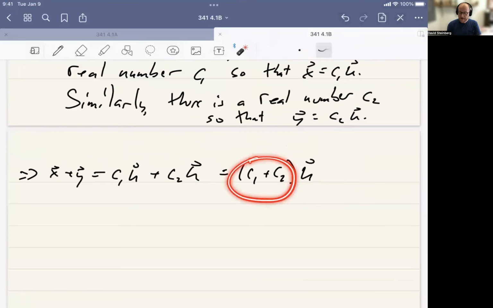So this whole thing is just some real number times U, which has to be in H, because we know H is the collection of all real numbers times U.